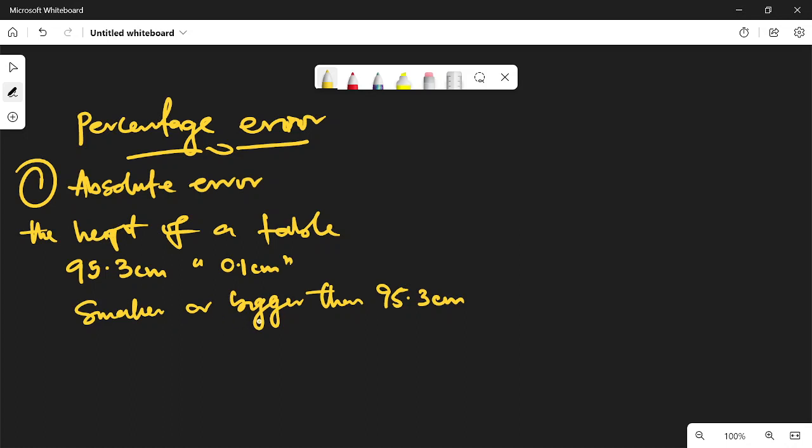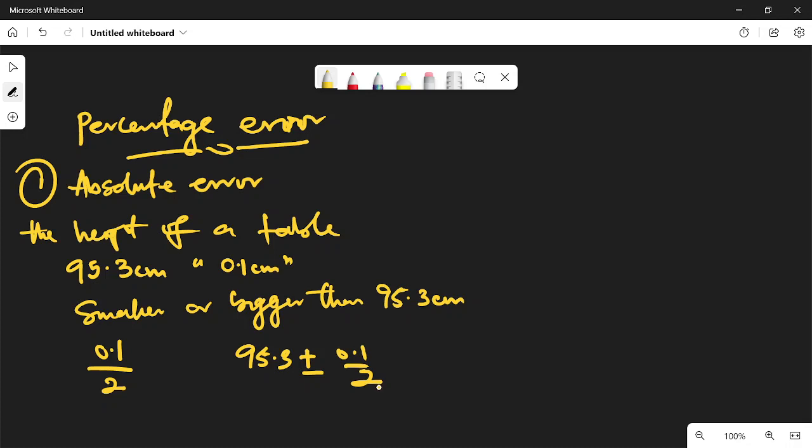But you need to know by how much it can be smaller or bigger. For you to know that particular value, all you need to do is say 0.1 divided by 2. Are you seeing it now? So the actual measurement, which is 95.3, can either be plus or minus 0.1 over 2.